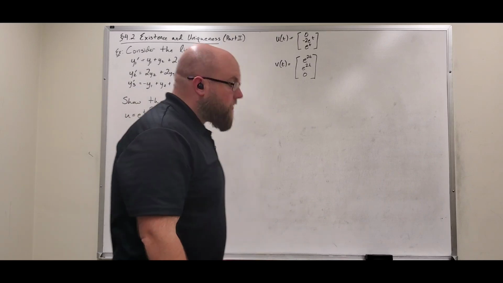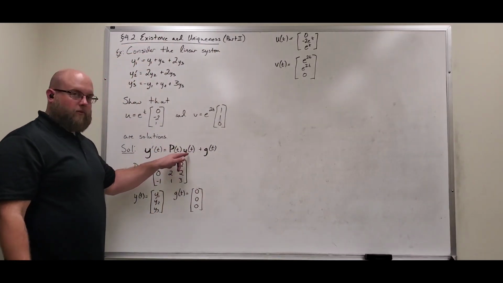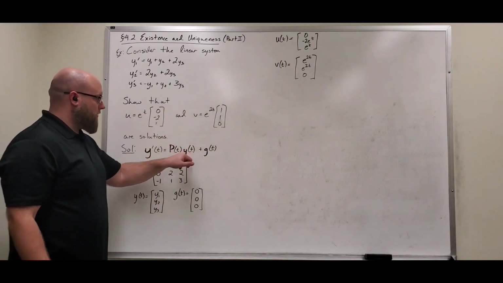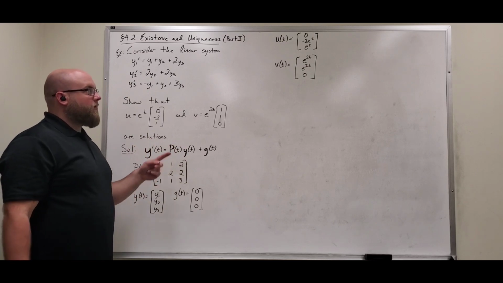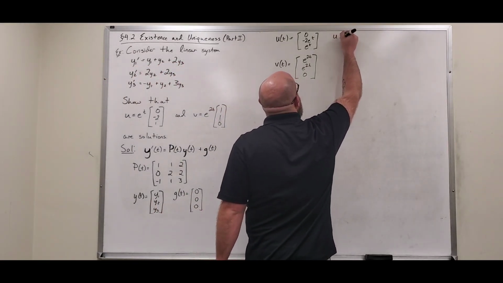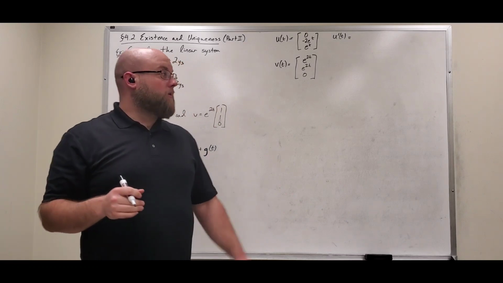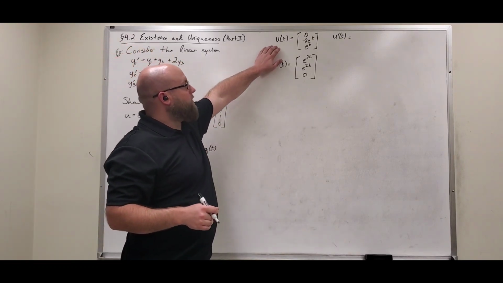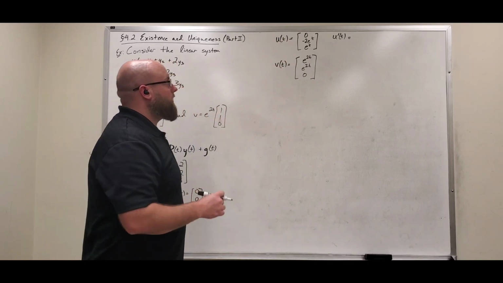So what I want to do is throw these into the function for y, because these are my solutions, and I'm going to get out their derivative. Well, what's the derivative of these? This is where 4.1 was so important, when we talked about how the derivative of this matrix is the derivative of every single individual component or element in the matrix.